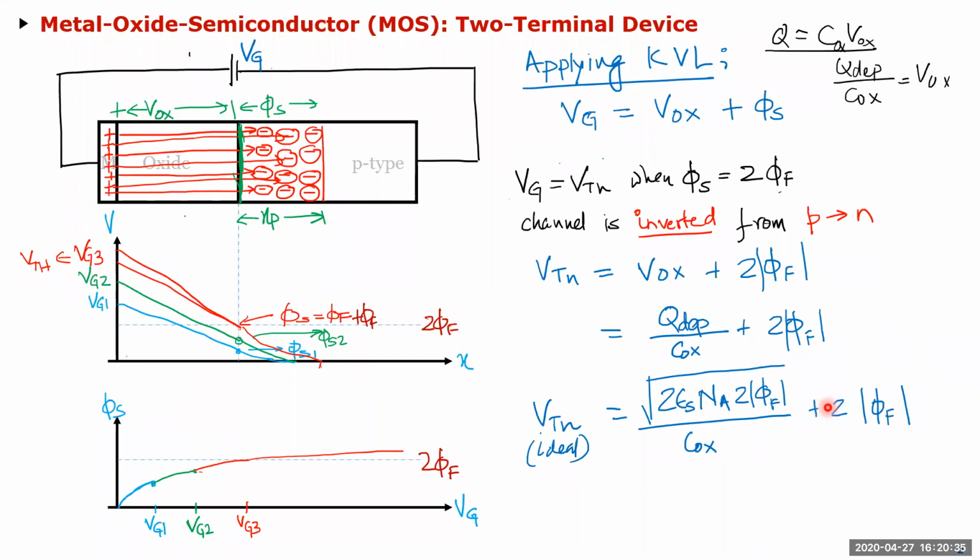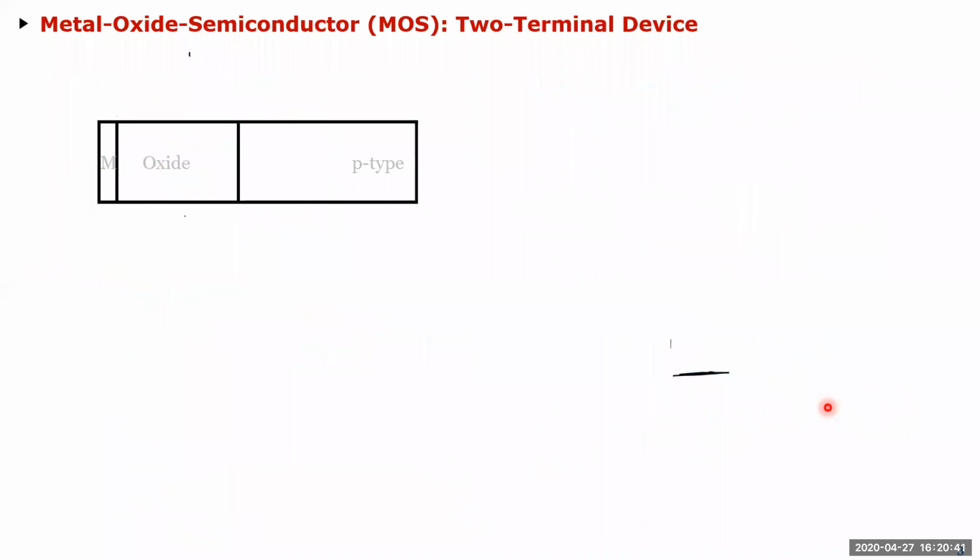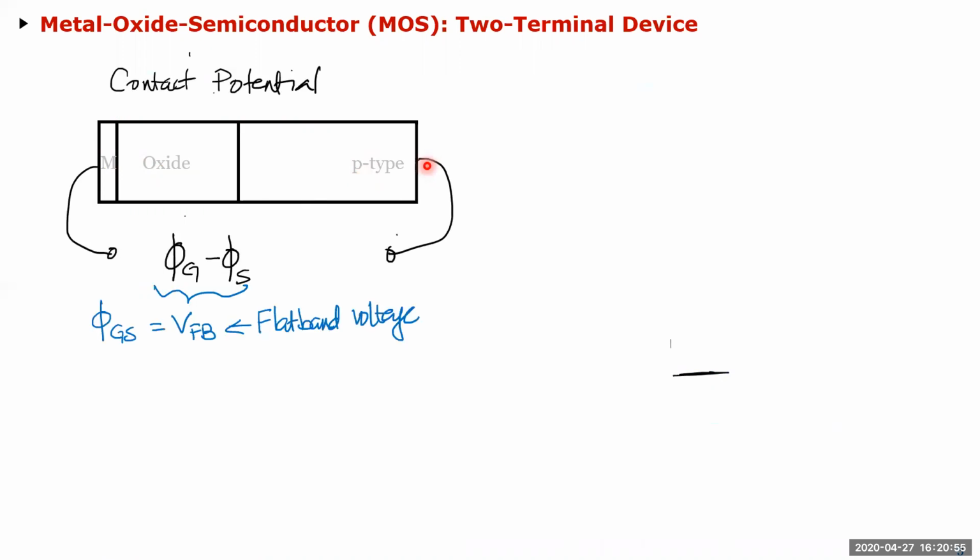Okay, so this is called the ideal threshold voltage. But one term which is missing here is the contact potential, which I talked about last time. As I showed in those earlier slides, if I take a sandwich like this, a metal, oxide, p-type, and if I look across the metal and p-type, which is called the contact potential, it doesn't matter what there is in between.